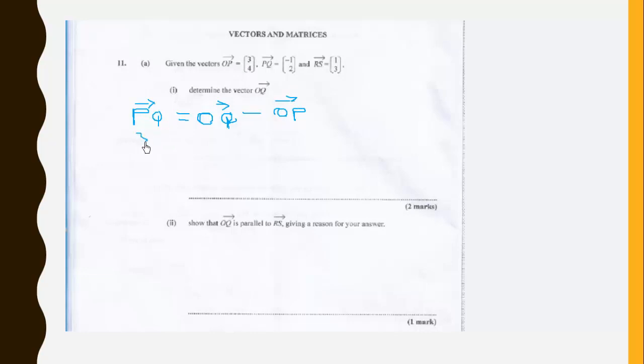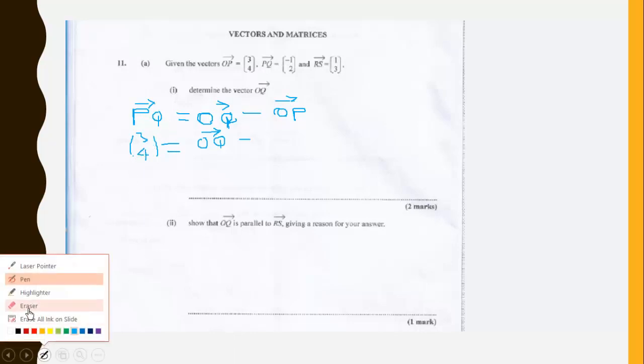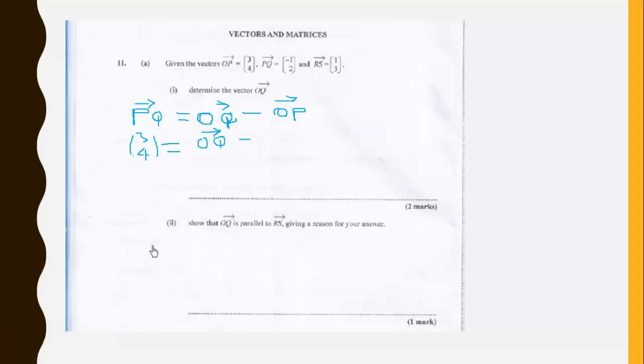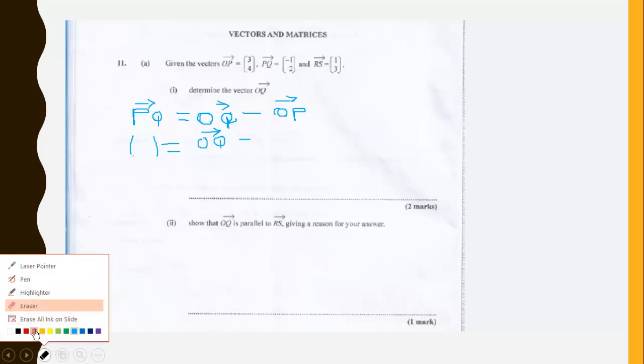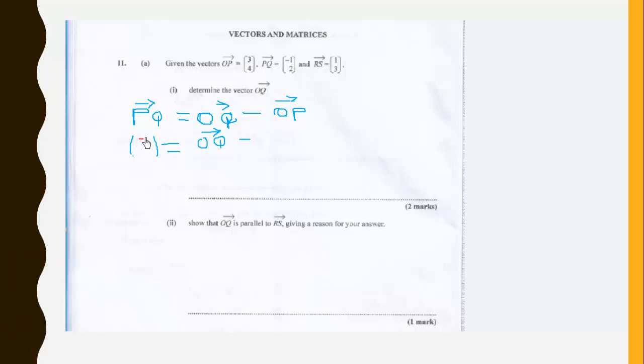PQ is negative 1, 2. OQ we don't know. OP is 3, 4.